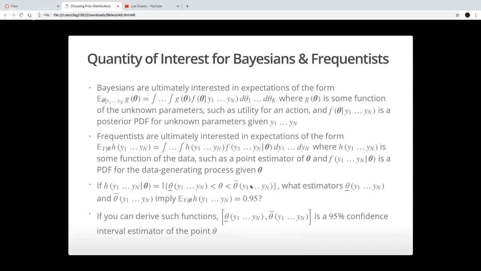So the reading from Lancaster today got into a little bit about the different perspectives on different approaches to inference.